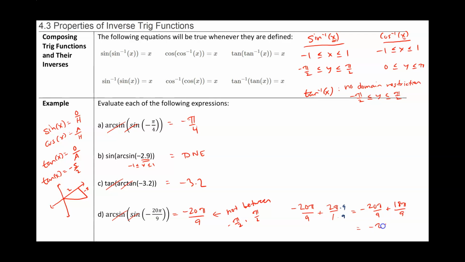And then this will give you -2 pi over 9. Now -2 pi over 9 is between -pi over 2 and pi over 2. So therefore, this is going to be our valid output. So anytime your output is not between -pi over 2 and pi over 2, you can either add or subtract 2 pi in order to get an angle that is between -pi over 2 and pi over 2.